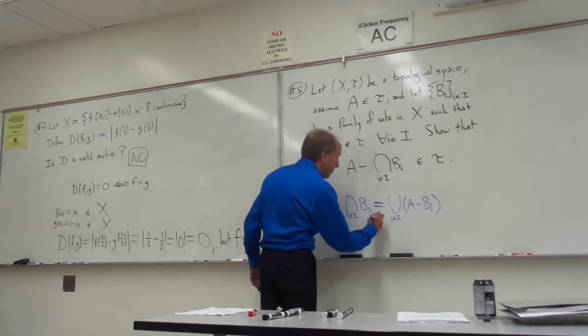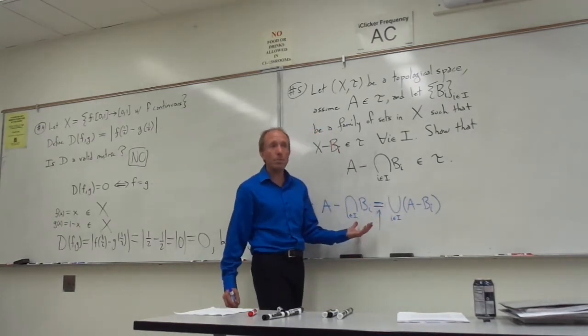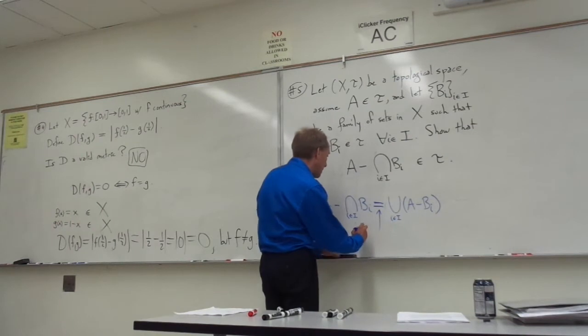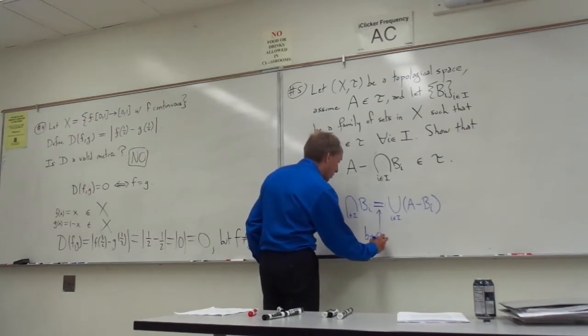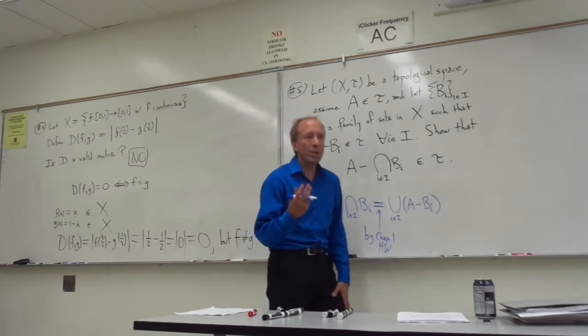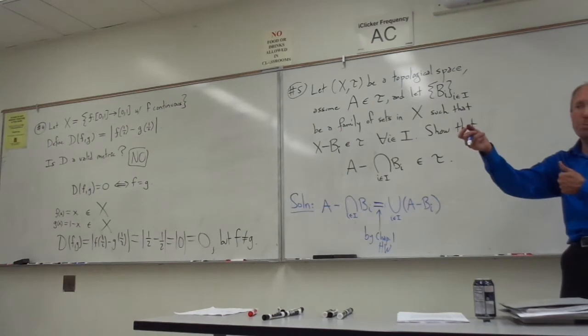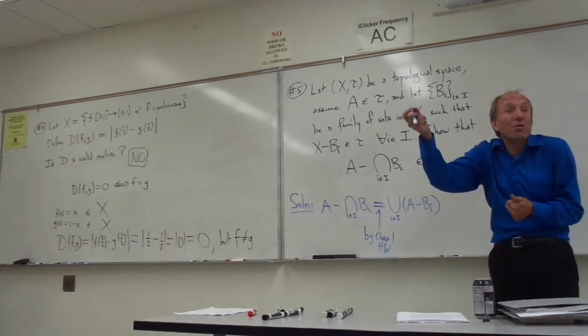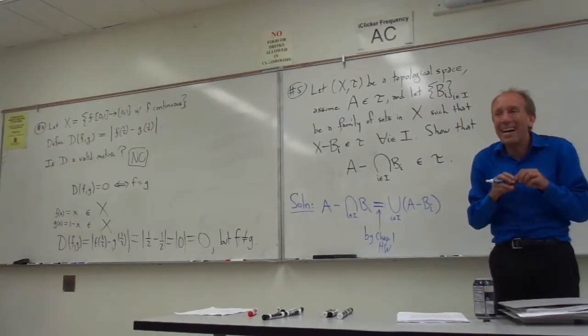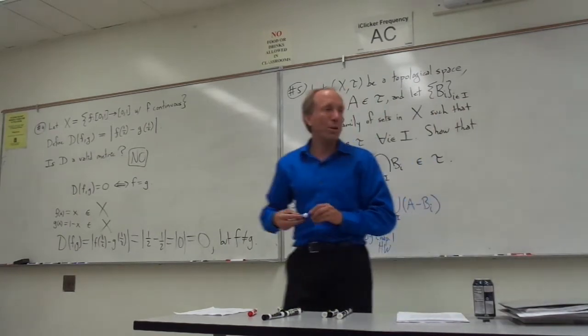You can just say, by the way, if that comes up for you, you can just say by chapter 1 homework. I never will expect you to remember which homework number or which problem, or even if it's by a proposition from class and you don't remember the number, it's okay, right? That's totally unimportant to me.